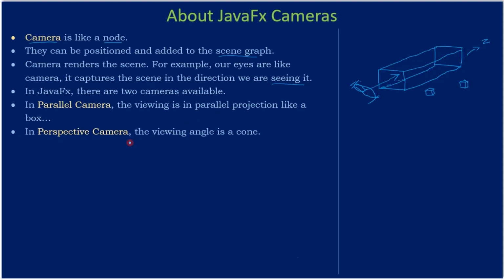Here the viewing angle is parallel. If you see, the distance is same if you measure near the camera or far away from the camera. That's why we call it as a parallel projection. When it is parallel projection, it doesn't matter which object is near the camera or away from the camera. They all appear in a similar size.